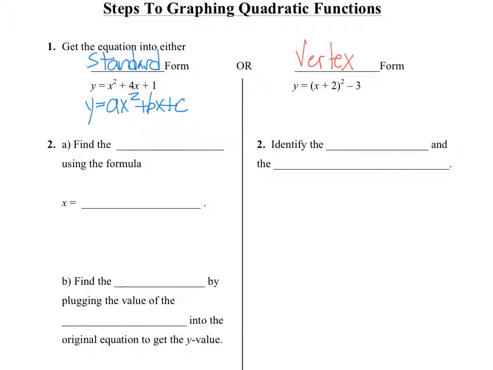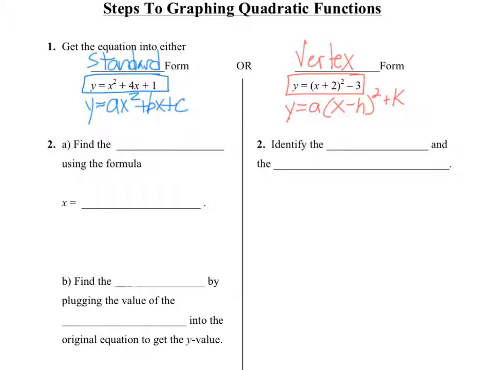And you'll see these two examples here. Here's the one equation that's in vertex form. Vertex form looks like y equals a times the quantity x minus h squared plus k. And the other equation example right here is in standard form.